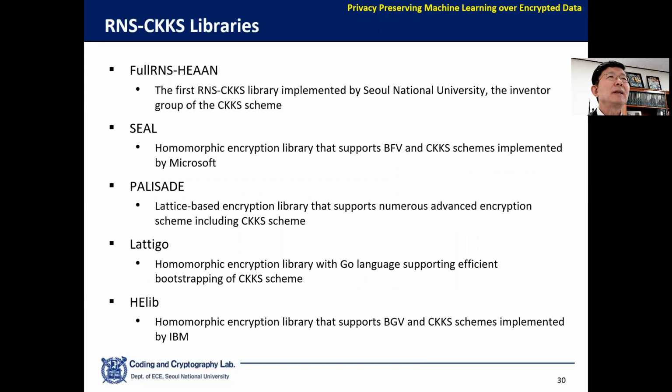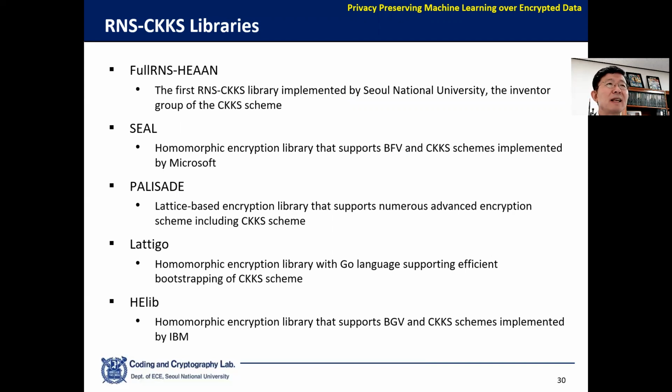There are many different RNS-CKKS libraries. The first one is FullRNS-HEAAN, which is the first RNS-CKKS library, implemented by Seoul National University, the inventor of the CKKS scheme. The second one is SEAL, the homomorphic encryption library that supports BFV and CKKS schemes, implemented by Microsoft.